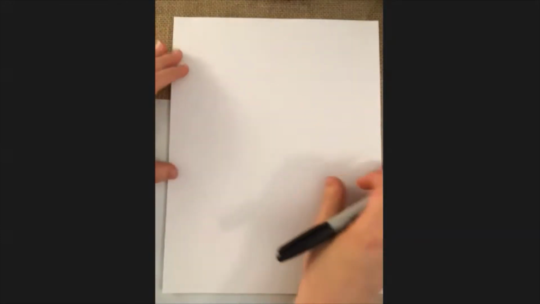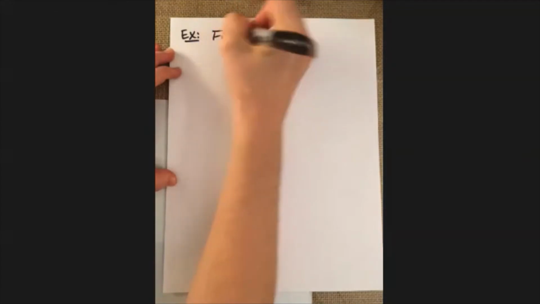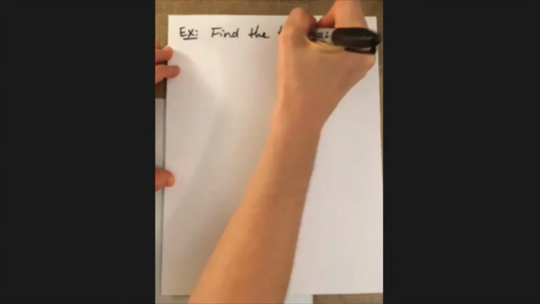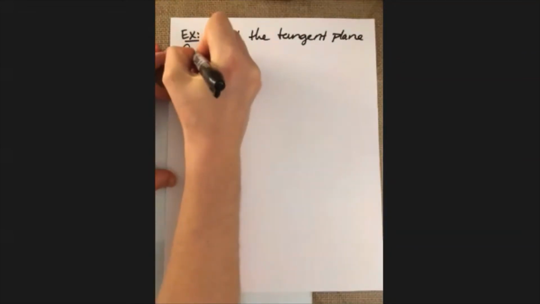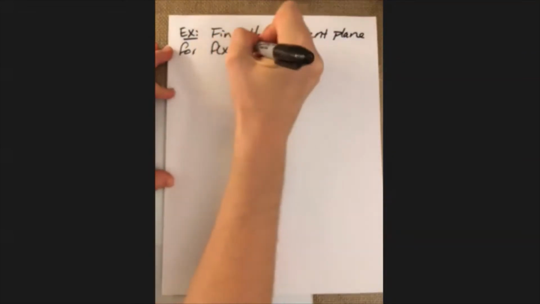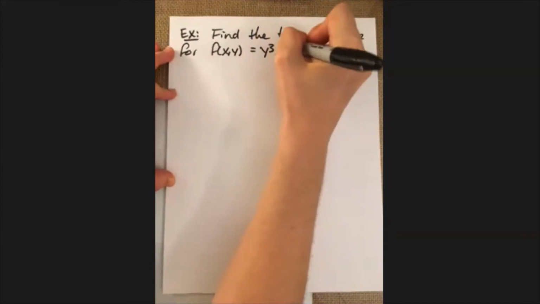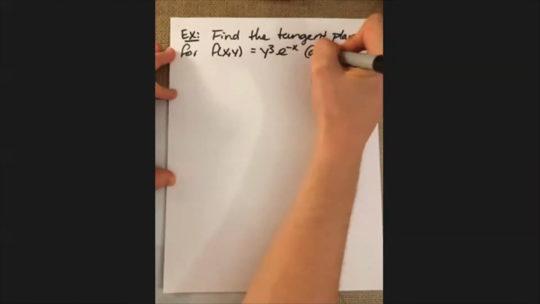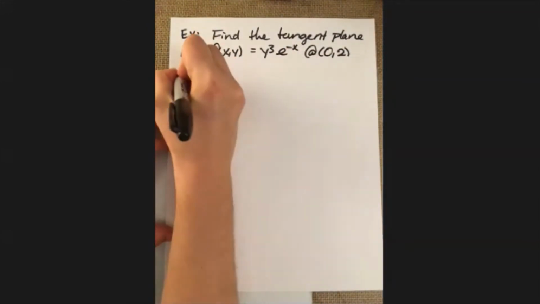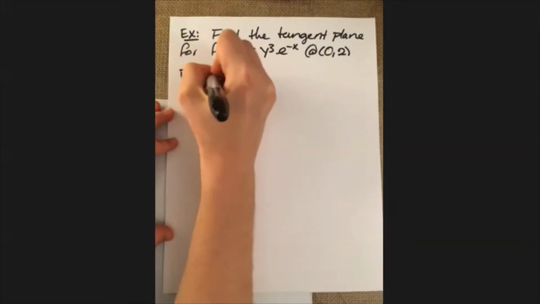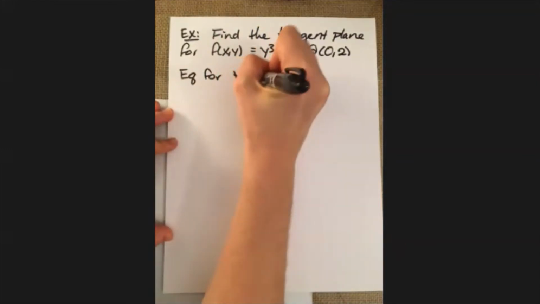Let's do another example. We're going to find the tangent plane for f of x y equals y cubed e to the -x, and we're going to do this at the point 0, 2. Okay, so again, we start with the equation for the tangent plane, just generally speaking.